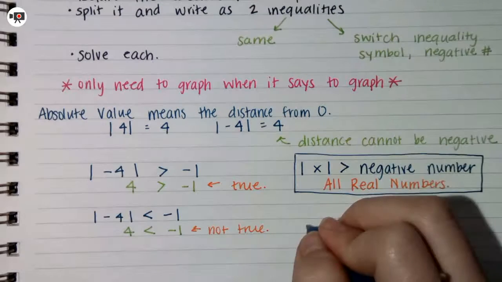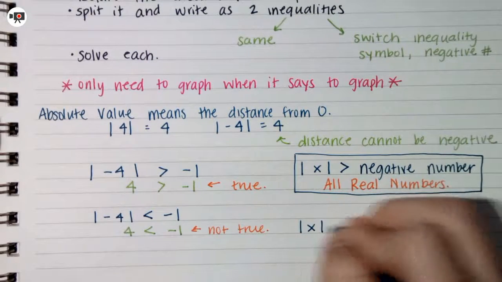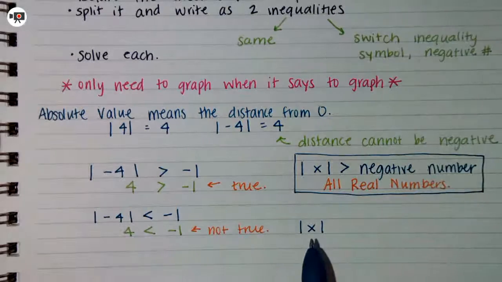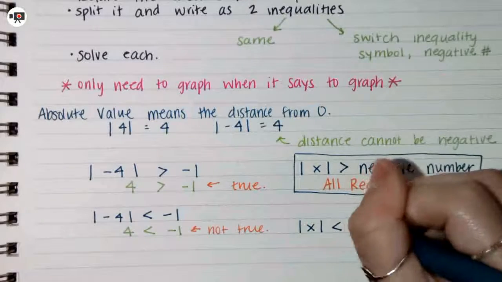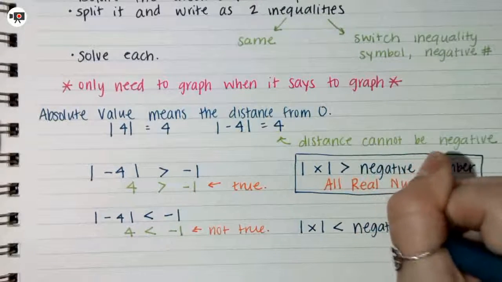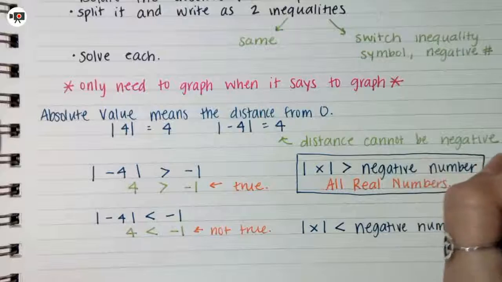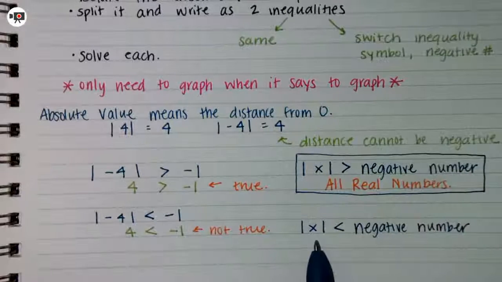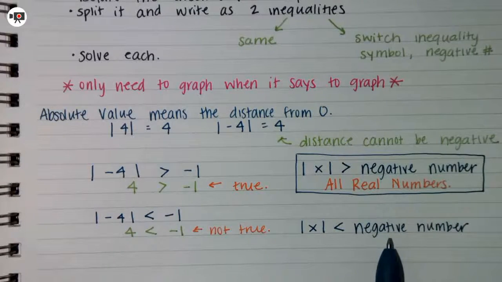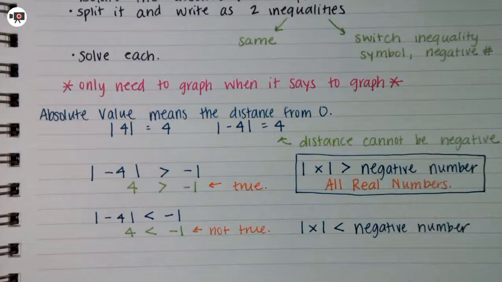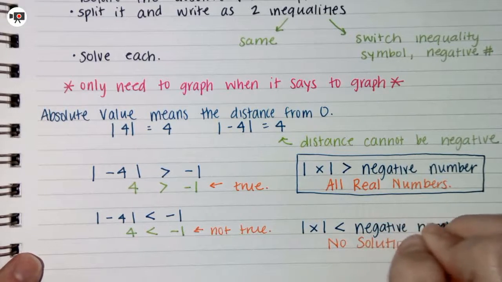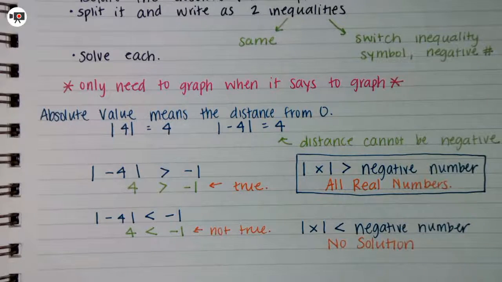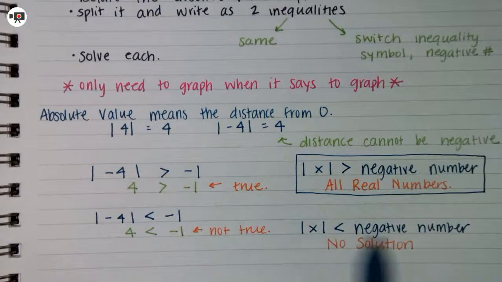So that means if we have the absolute value of some number, positive or negative, is less than a negative number, that means its distance is some negative number smaller than what this says. That is no solution. Every time. No solution if it's less than a negative number.